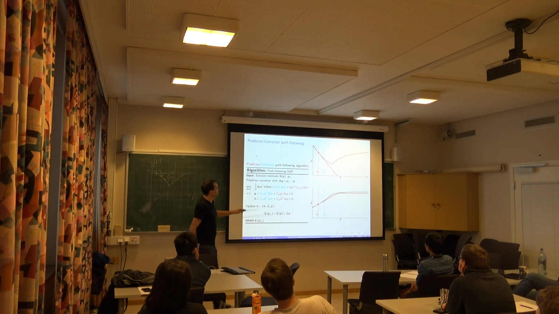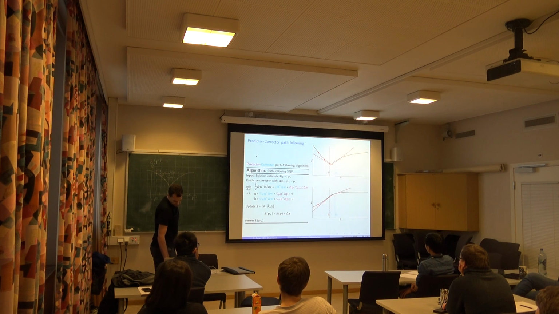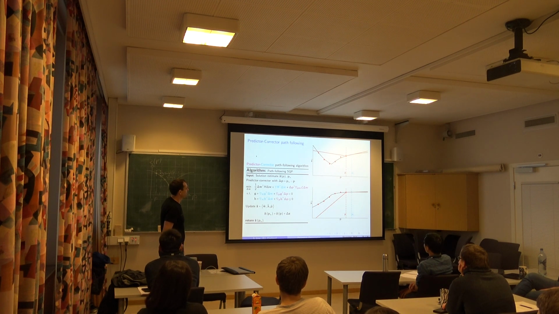So that's a fairly aggressive update of the parameters, and you could compare this to the other methods. This is typically fairly efficient at following the manifold. It's a bit less efficient than the double QP for some reasons that have to do with where you linearize the point, but it's pretty good anyway.